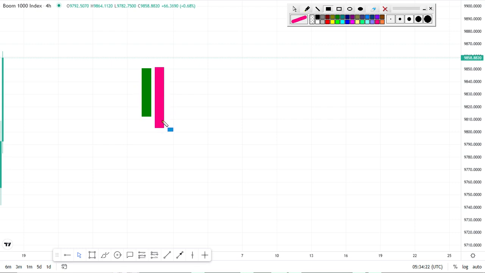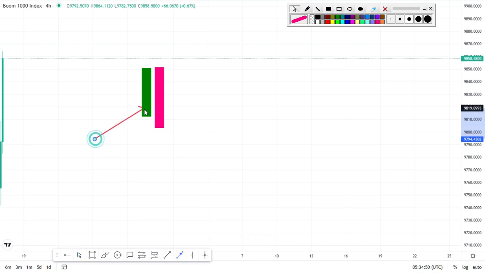So this is the bearish candle. It formed and it completely covered this one, meaning that we have more sellers now. Selling power is right here. They were able to close the price below the opening of the previous one.